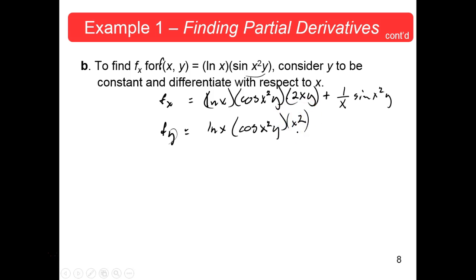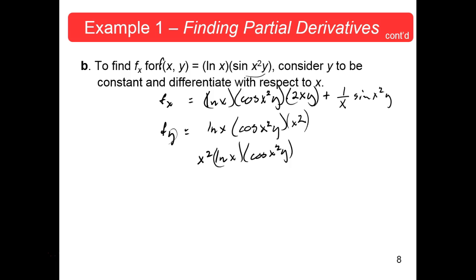Okay? Now, we can write them in different orders if you wanted to. Probably I would write the x squared in front: x squared log x times the cosine of x squared y.